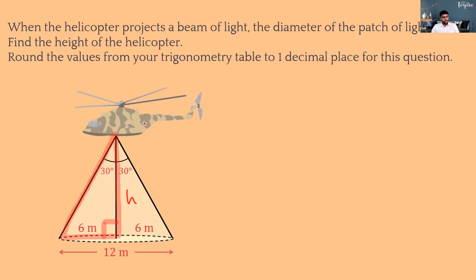We have to use tan 30 for this one because we have opposite over adjacent. So tan 30 degrees equals 6 over h. Opposite is 6, adjacent is h, that is the height.